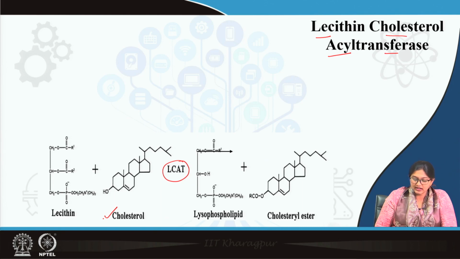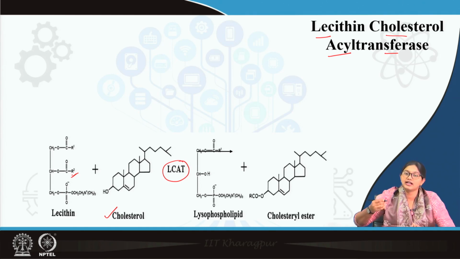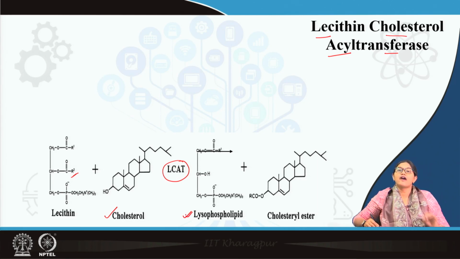It is transferring the acyl group, or fatty acid basically, to cholesterol. So, there is esterification of cholesterol, formation of cholesterol ester, and lecithin is converted to lysolecithin. This is the function of lecithin cholesterol acyltransferase.